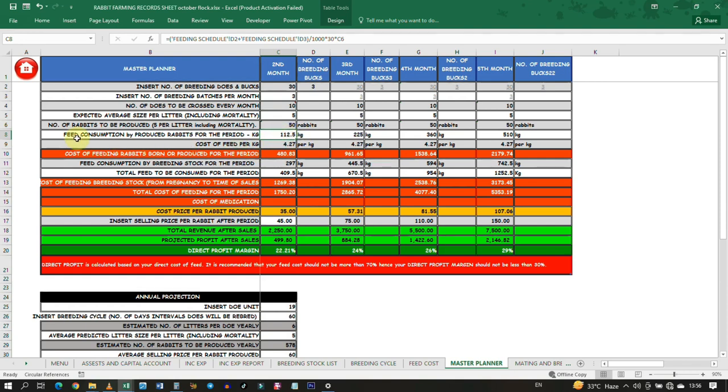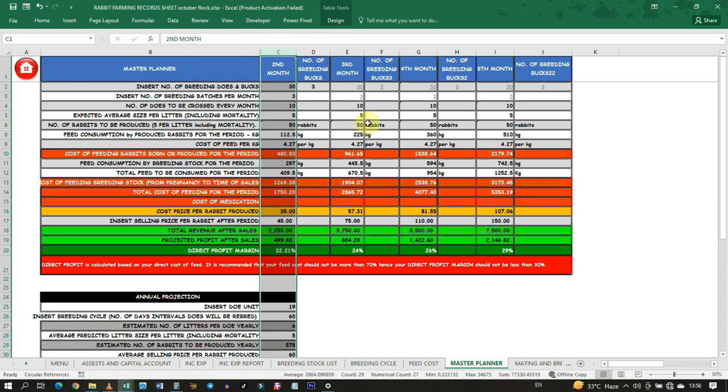So feed consumption by produced rabbits for the period, we have it here as 112 kilos. Okay, 112 kilos. So if you are buying 25 kg bags of feed, you need about 5 bags to feed 50 rabbits. All right, let's say 4 bags to feed 50 rabbits in their second month.